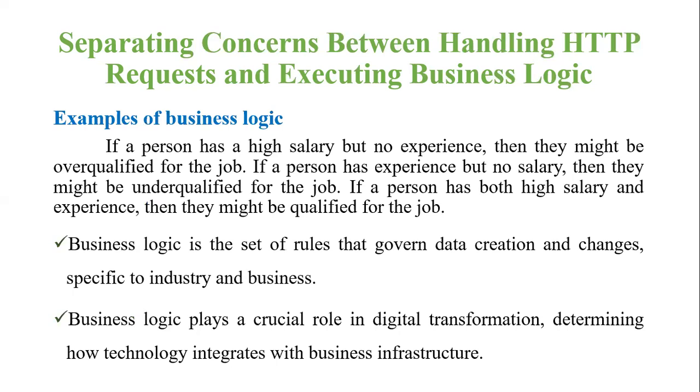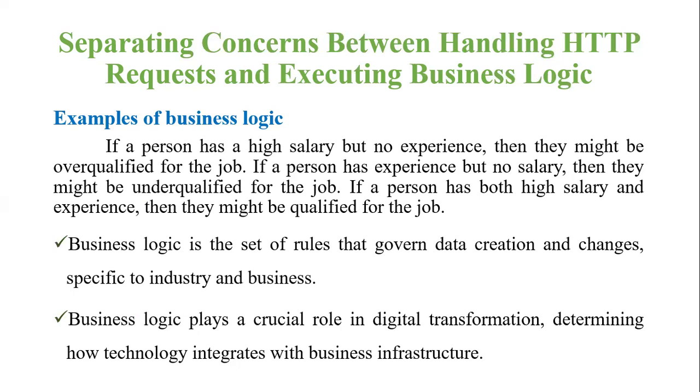Business logic plays a crucial role in digital transformation, determining how technology integrates with business infrastructure. Understanding our data structure and its role in the front-end application is fundamental in implementing any transformation initiative.